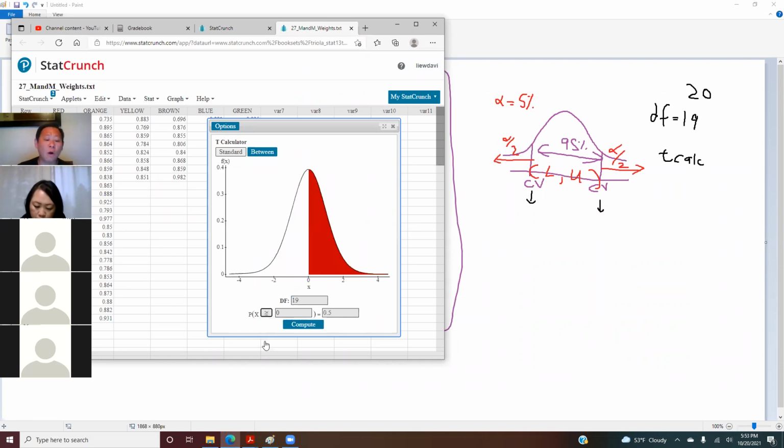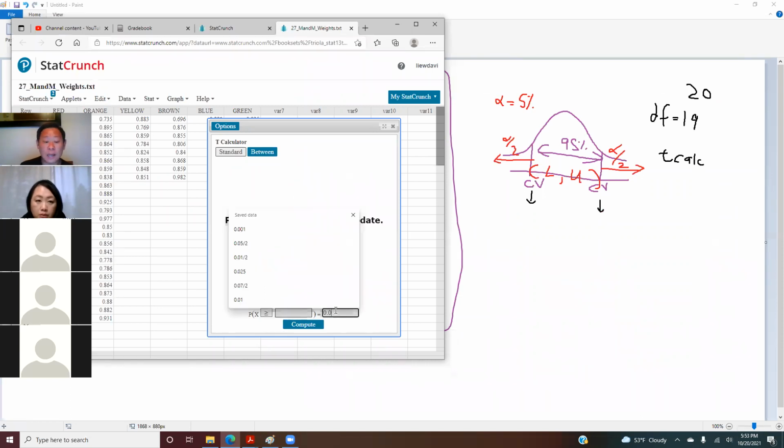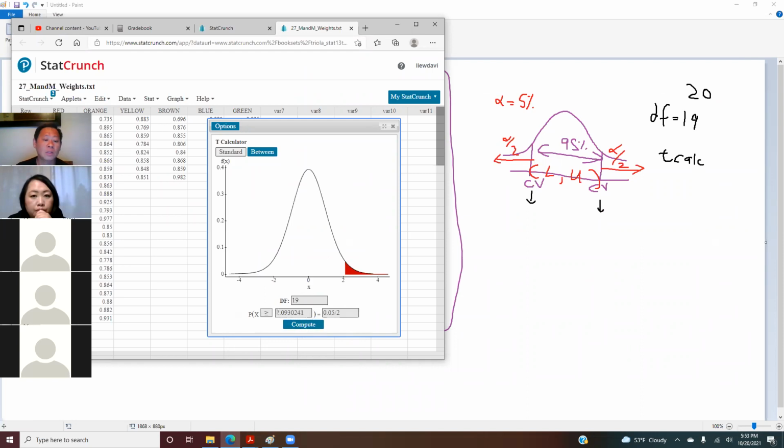And you set this always to greater than. Since the alpha in this case is 5%, we divide this by 2. This is how you find your critical value in this case. This number is 2.093.